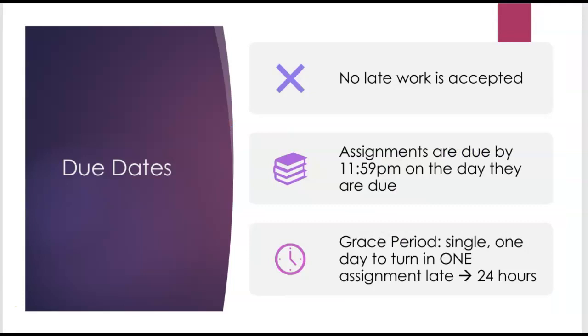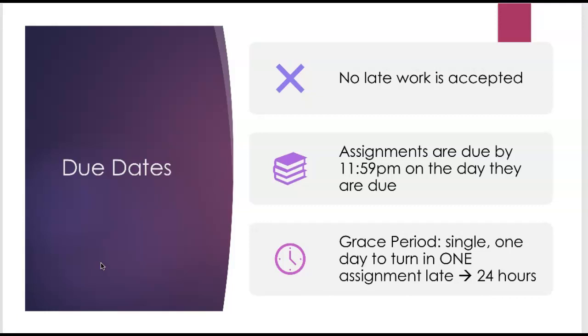Due dates. This is also an important thing to keep in mind, because I do not accept late work, especially because you guys are in an 8-week class. The turnaround rate is bananas. So please make sure that all of your assignments are turned in on time.